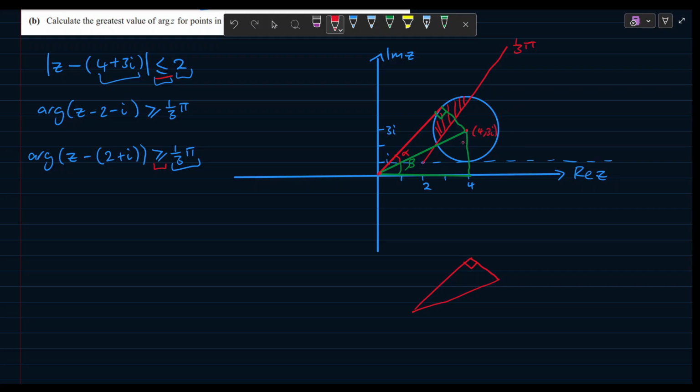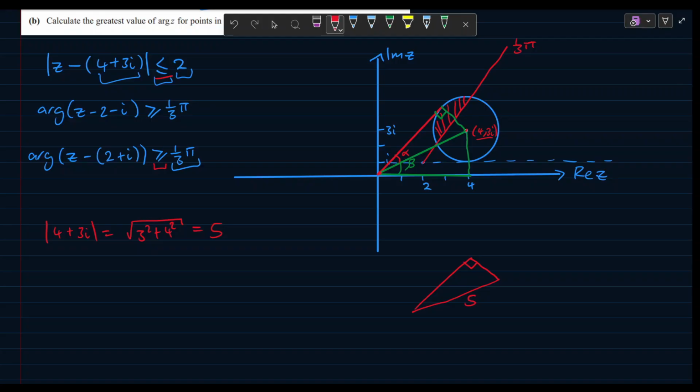So the length of this line is simply the modulus of our complex number. So the modulus of 4 + 3i is the square root of 3 squared plus 4 squared. So that's root 9 + 16, which is root 25. So this gives us 5. So we know that the length of this line is 5.